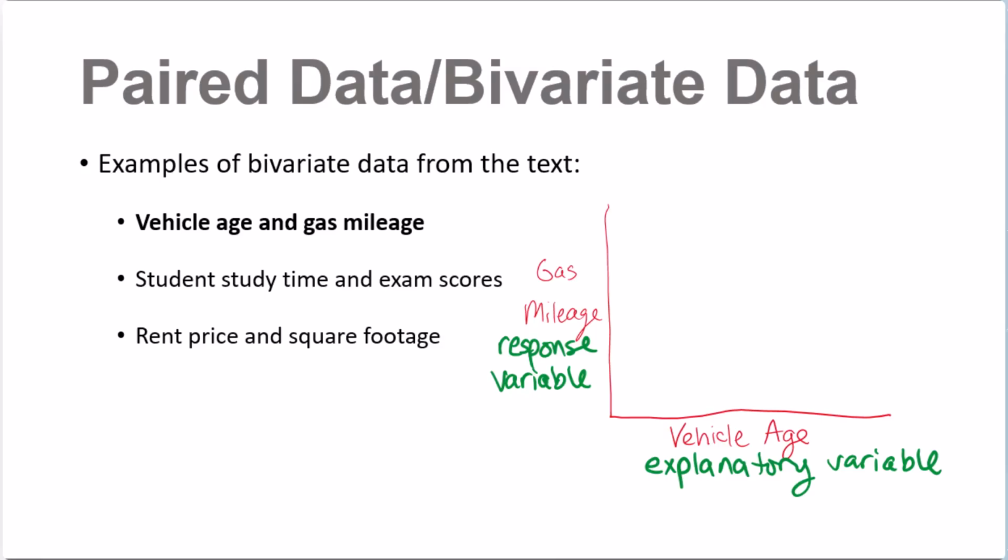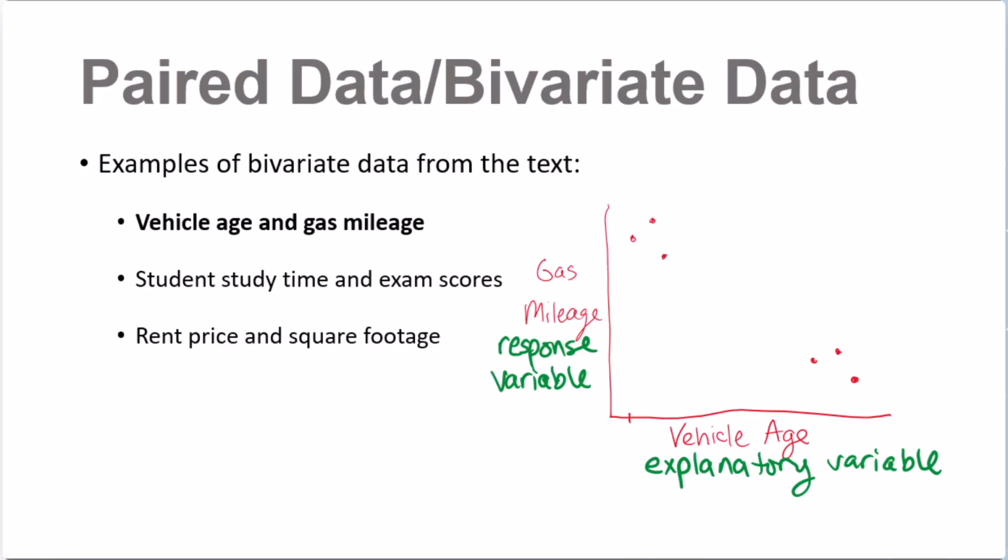And these terms are referring to the fact that often there can be a relationship between these two different variables. So in this case, when a vehicle is older, so when its age is higher, usually that means that the vehicle gets worse gas mileage. So I might see vehicles on the higher age end of the spectrum with lower gas mileage numbers, and then younger, newer vehicles, which would be towards the left on our graph, would generally get higher gas mileage.